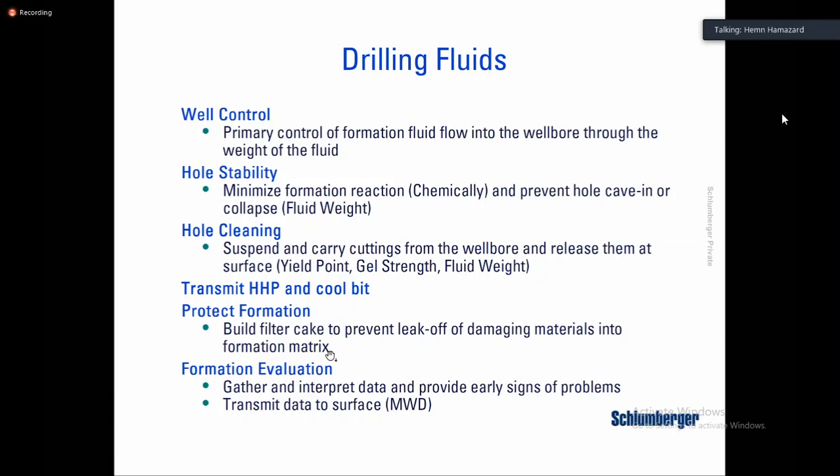And also the formation evaluation. On any drilling site, you have a geologist, right? The geologist is mainly responsible for describing the cuttings that come back by the mud to surface. We also have the mud logging unit.